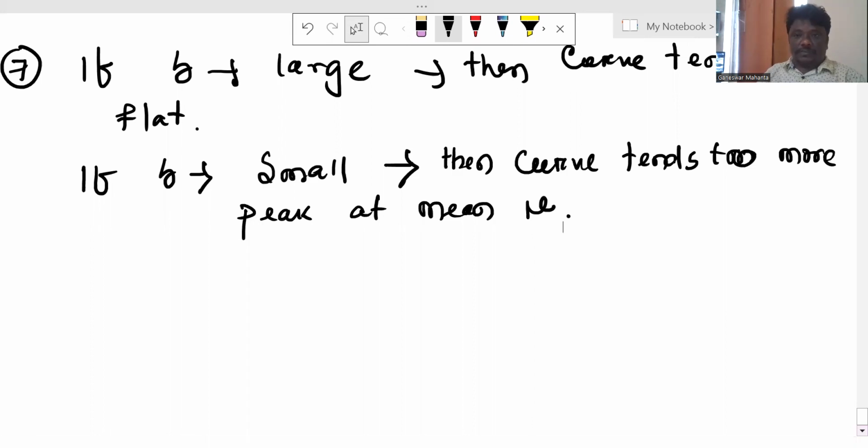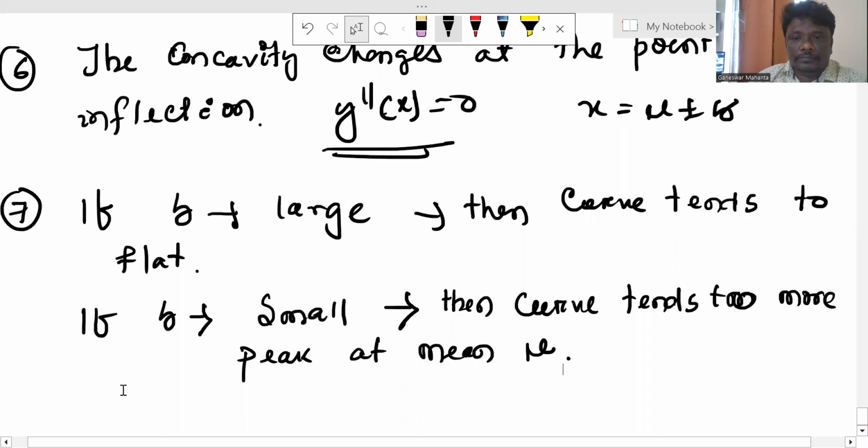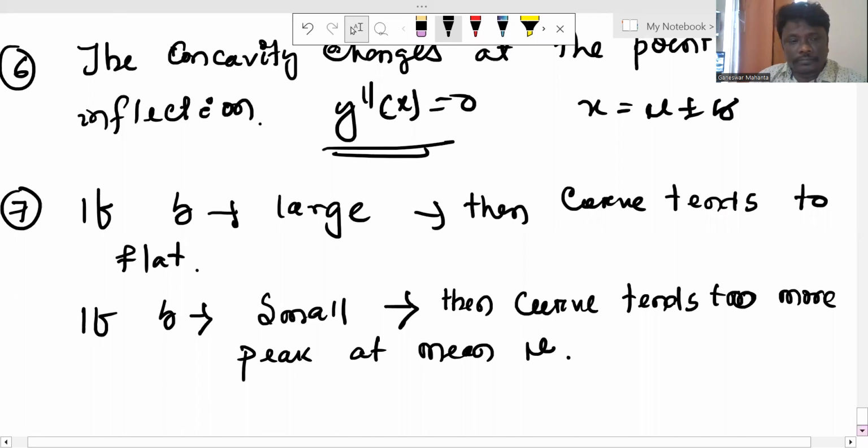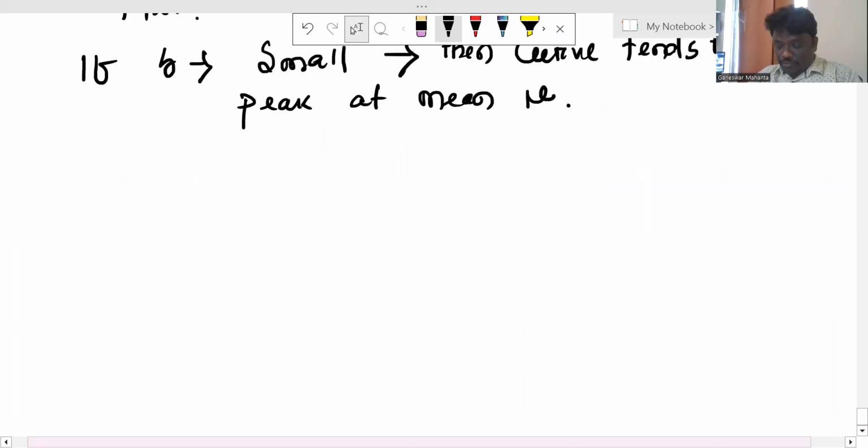These are the properties of the normal curve. Now we will discuss the distribution function of the normal distribution.